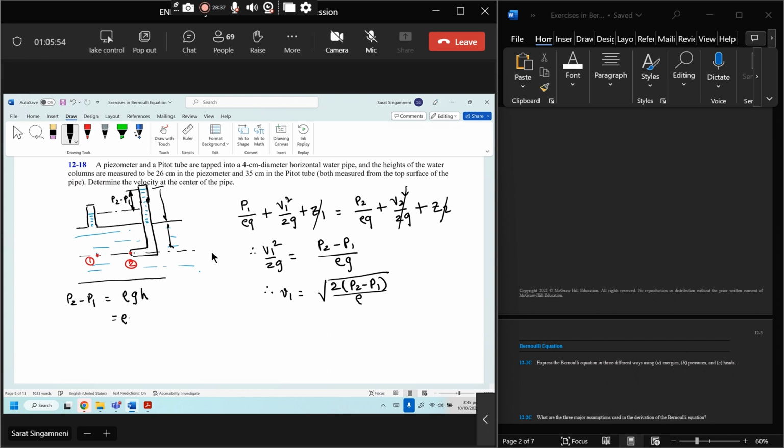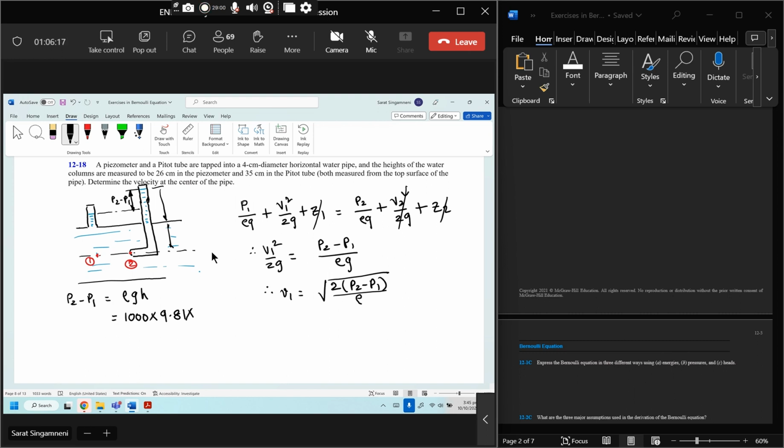So rho, the density of water here, 1000, times g, 9.81, times. In the problem, he gave you a 26 centimeter rise and a 35 centimeter rise.